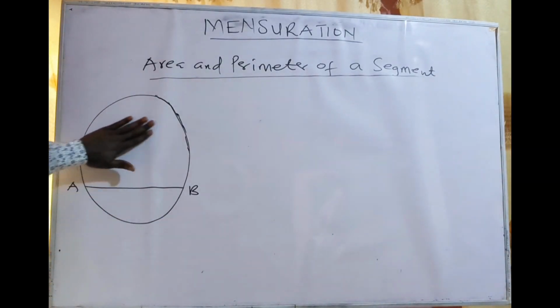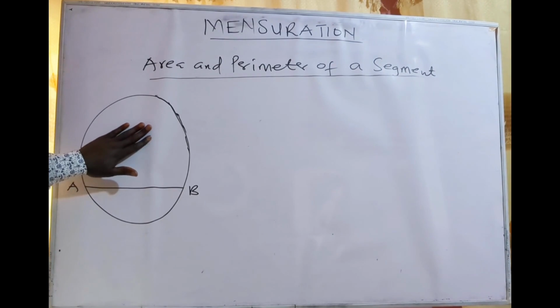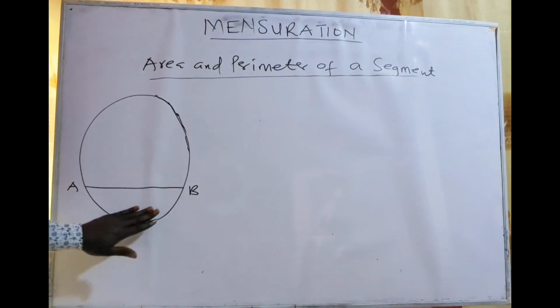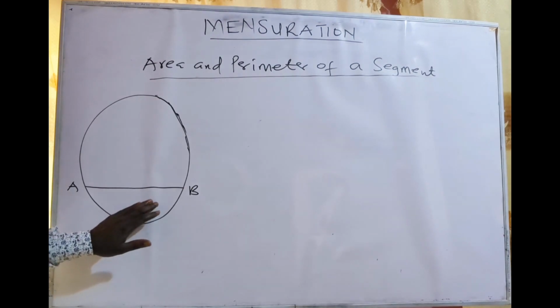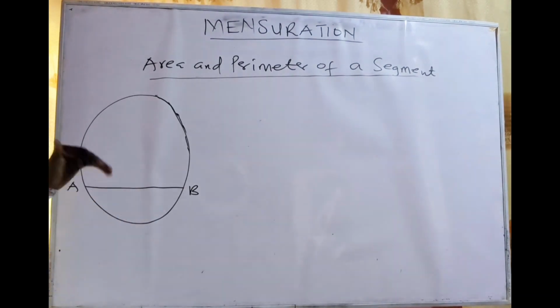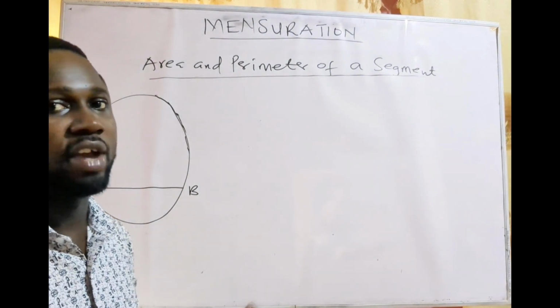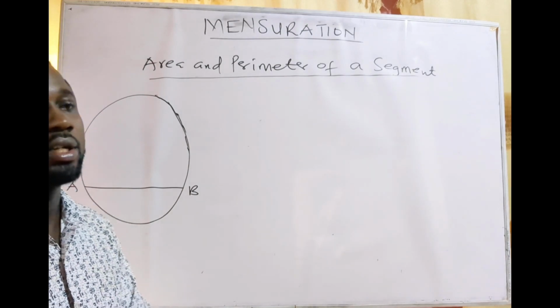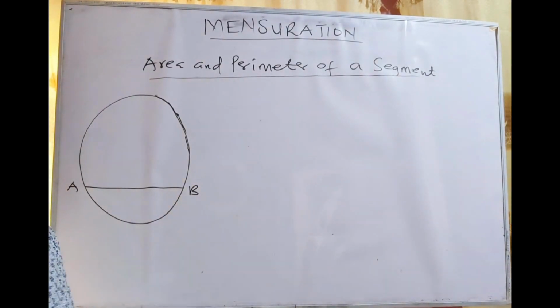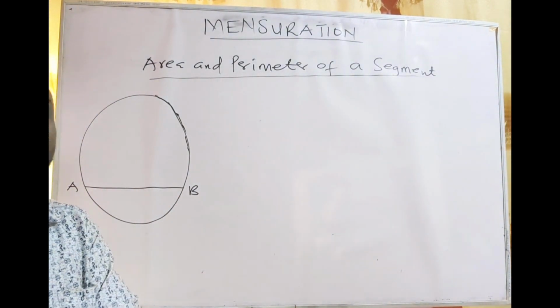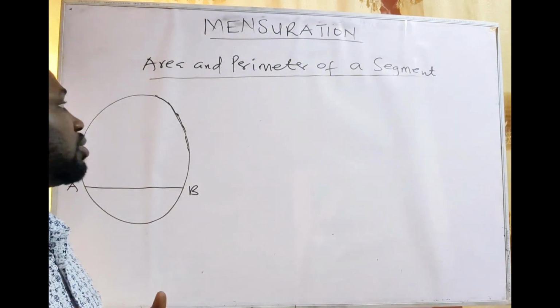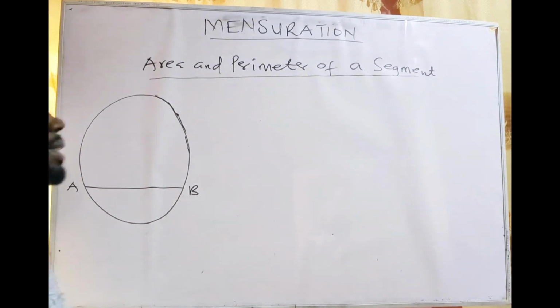So the upper part of the chord here is one of the segments, and the lower part of the chord here is also another segment. But because the chord does not divide the circle into two equal parts, the side that is bigger will be called the major segment, and the side that is smaller will be called the minor segment.